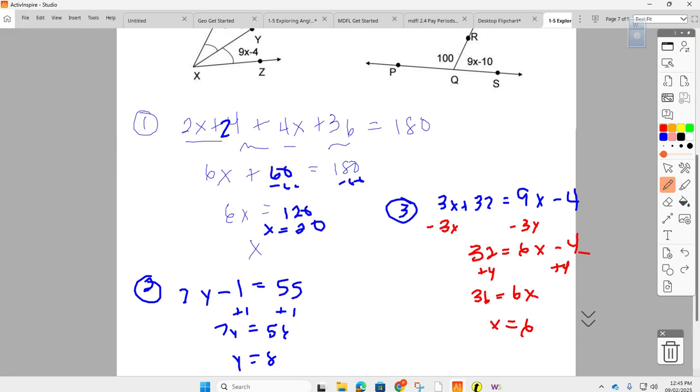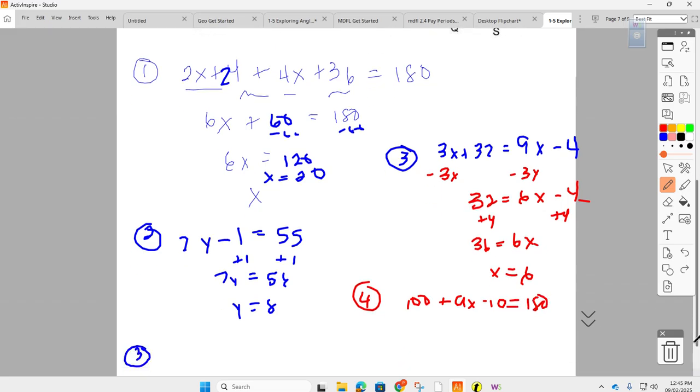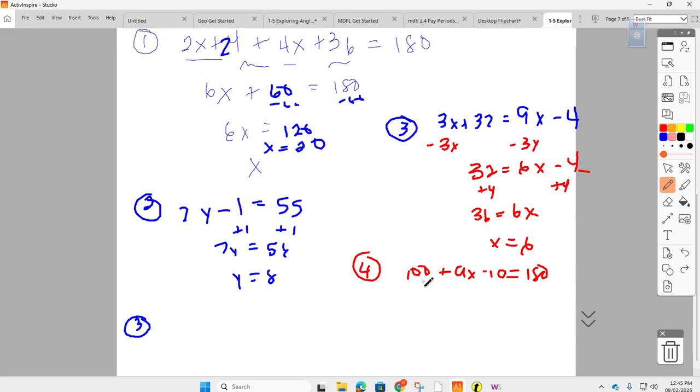So for example 4, our equation is going to be one angle plus the other angle equals 180. So we're going to combine our like terms here. 100 minus 10 is 90 plus 9x equals 180.